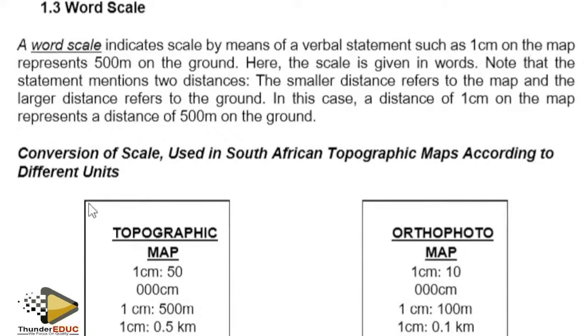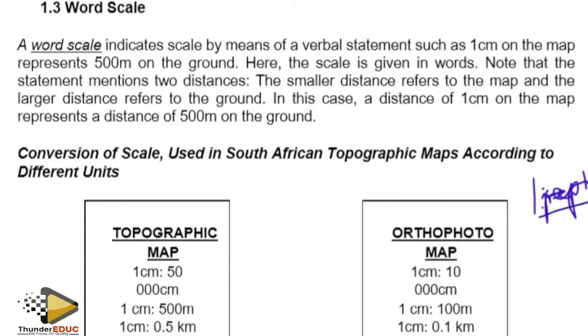Some of you learners make a mistake and you write this scale in terms of equal to. That is very wrong. For example, if you say 1 centimeter represents 500 meters, this is very right, because 1 centimeter on the map is just representing.